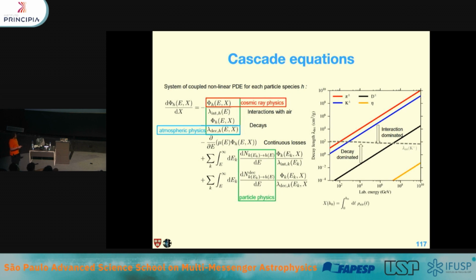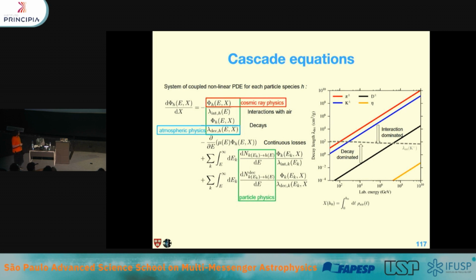Whereas when you are above the line, you are dominated by interactions. That means that a 10 to the 4 kaon will live long enough that it will lose energy as it travels through the atmosphere before it decays. Whereas a sub-100 GeV kaon or pion will essentially decay on the spot. So we have these two regimes.